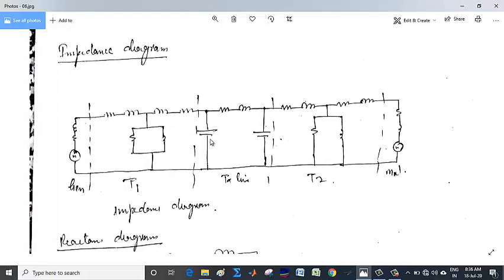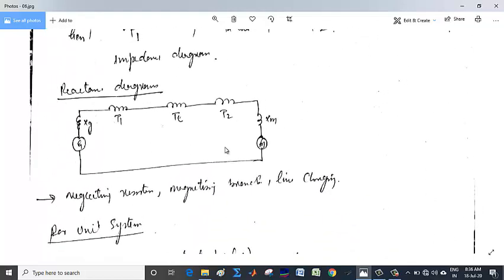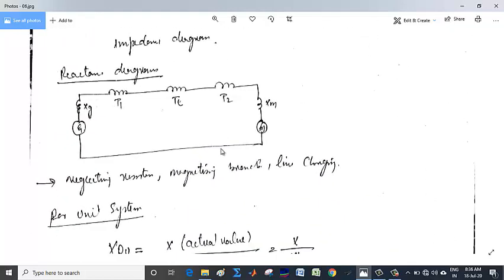That's why we always go for the reactance diagram. So we conclude that we can represent a power system by a single line diagram, and after that, by replacing the different components by their equivalent circuits, we use only the reactances of the different components, and we come to the reactance diagram.